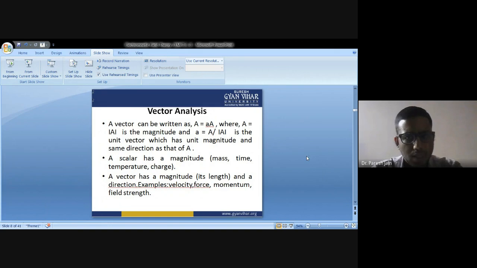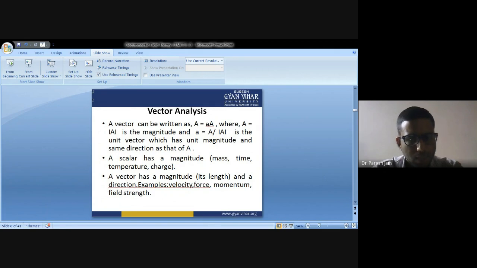It is denoted by A upon mode of A. So a vector can be defined in terms of a unit vector with some magnitude, which has unit magnitude and the same direction as that of A.